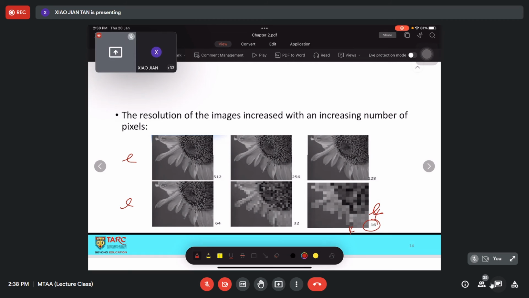But let's say you don't have any of these, only this image itself. Perhaps you cannot tell if this is a sunflower or maybe a squirrel jumping from one tree to another tree, etc. So this is why the pixel value is very important.